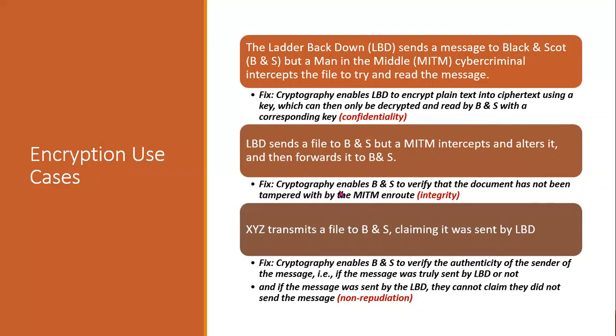Well, with cryptography, the recipient can verify that the document has not been tampered with by a man in the middle en route, because the software can check the message header to see whether that has changed from the original message header or the stamp that was applied to the message when it was encrypted by the sender.